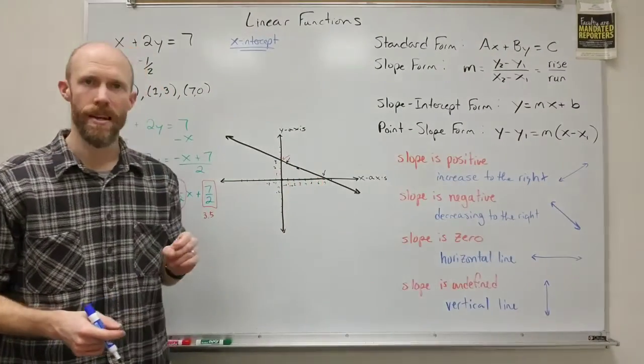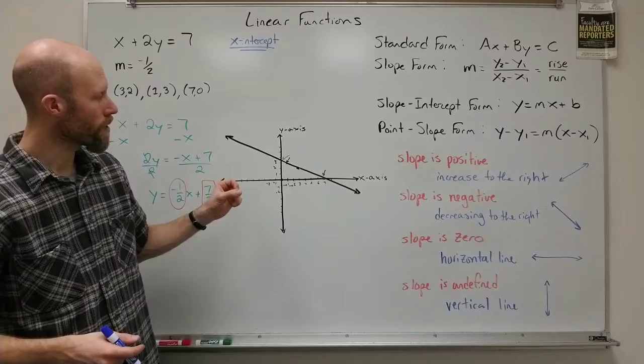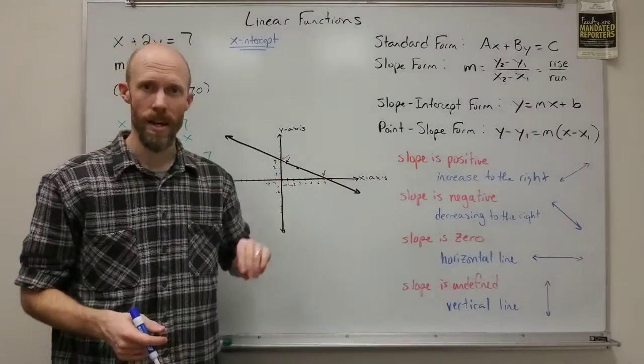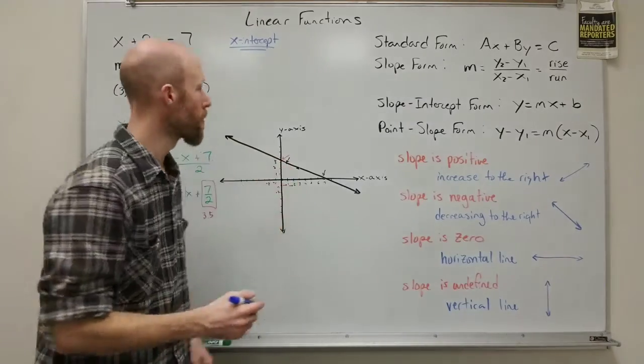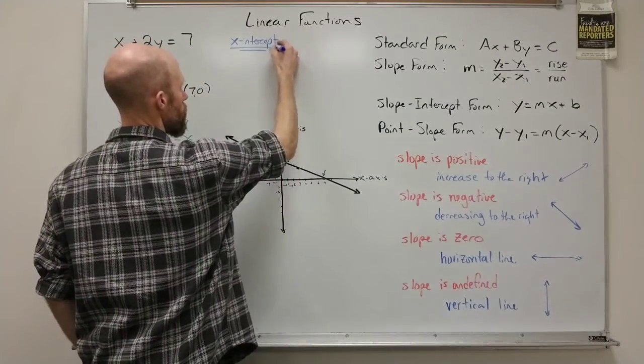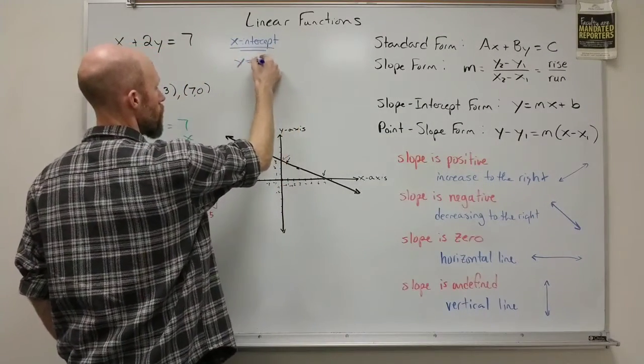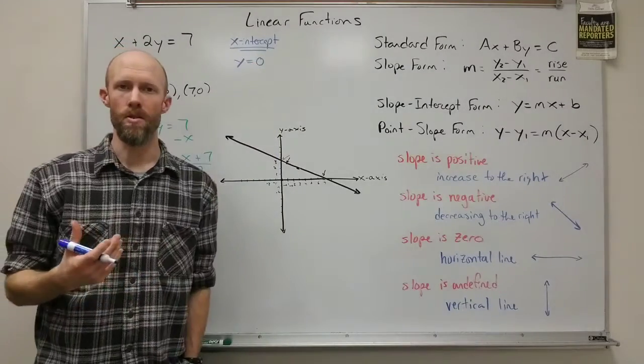Where it crosses the x-axis, that point, no matter where it is on the x-axis, the height of that point is 0, which means the y value is 0. Okay. So at the x-intercept, the y value is always 0.